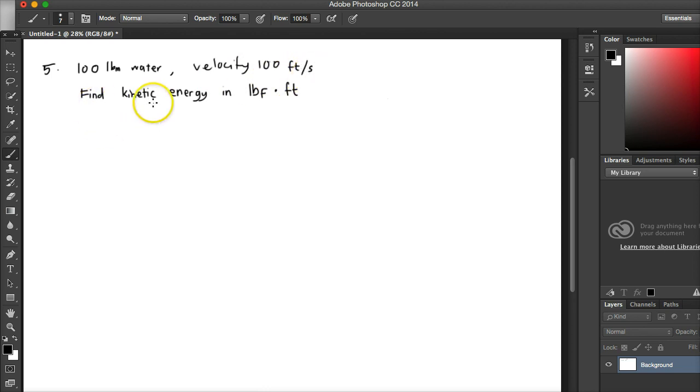So we need to find the kinetic energy in pound force foot, which is energy, should be in Newton meters. So let's find the kinetic energy using the values given first. Kinetic energy is half mv square.